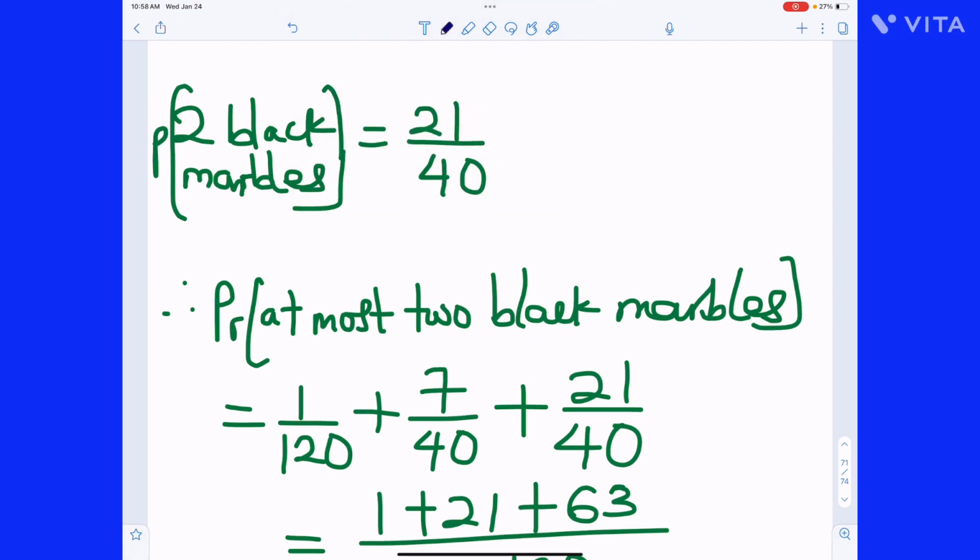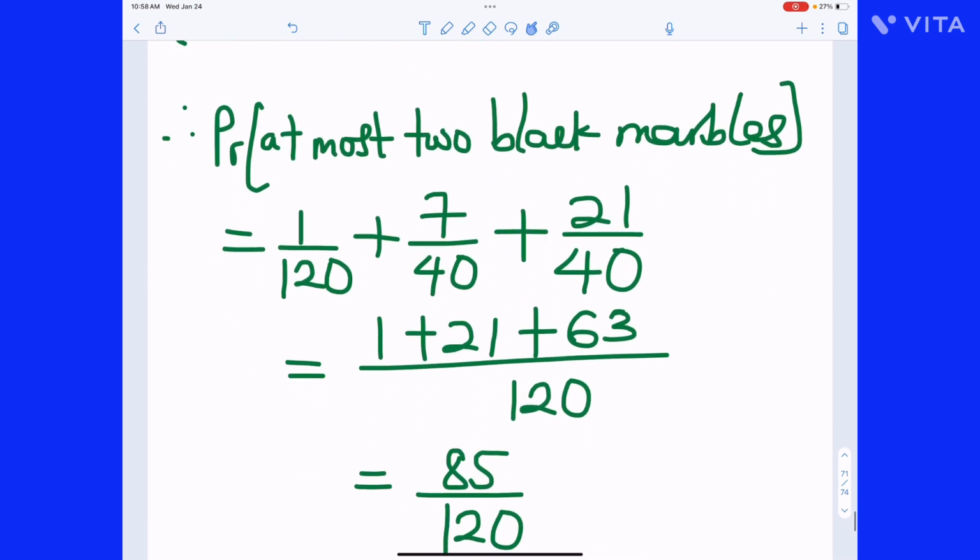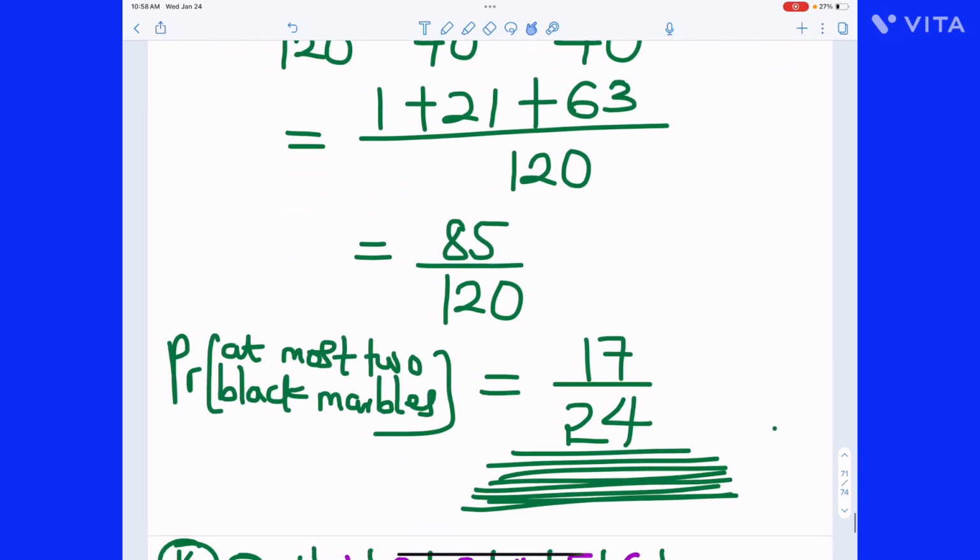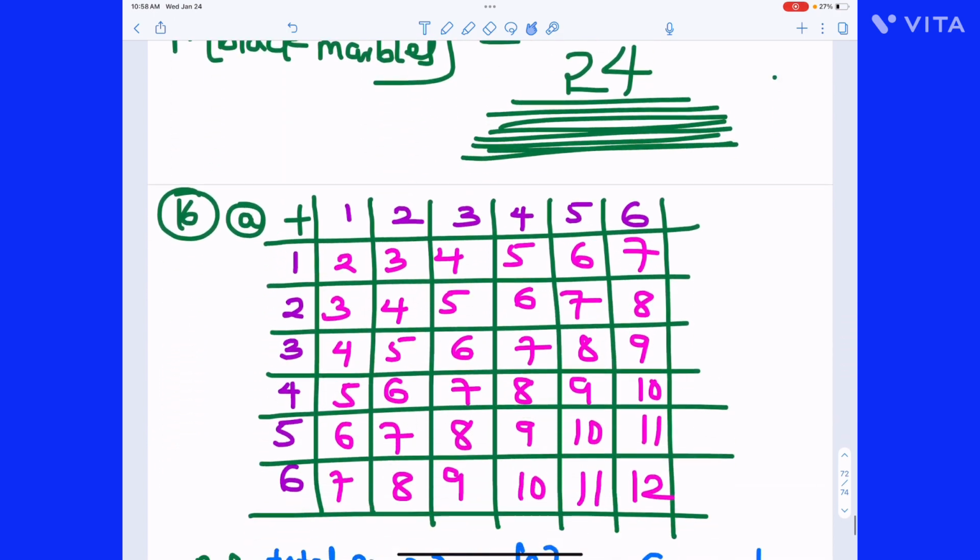We did that earlier. So you now compute it. Probability of choosing at most 2 black marbles will be that of choosing 0 black marbles, 1 black marble, or 2 black marbles. So everything will give you 17 over 24.